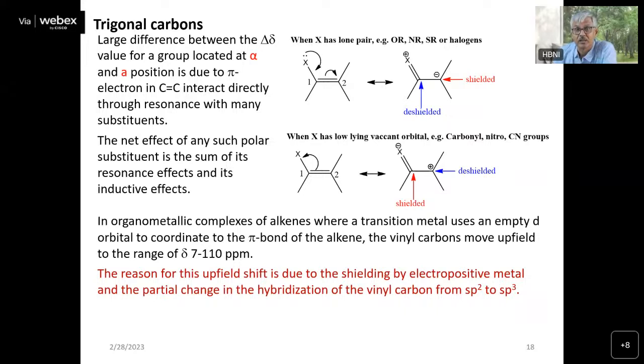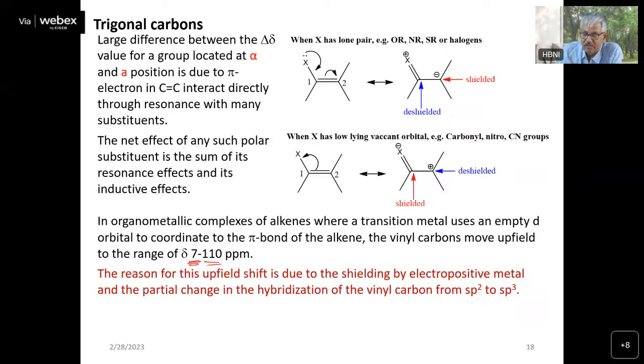Even the alkene protons were coming near 0 or even at negative chemical shift. Similarly, you will see the vinyl carbons also move upfield, and they can go even up to 7 ppm, from 123 ppm down to 7 ppm. So when the shielding is very high, you get 7, otherwise it is around 110. Still it is highly shielded.